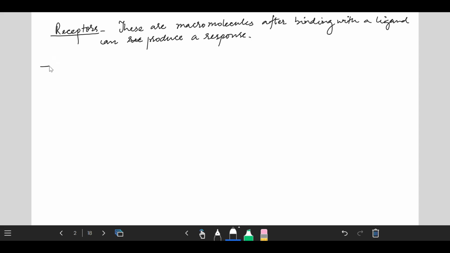Actually, pharmacologically, 4 types of receptors are present. Okay, so receptors are of 4 types. First one is nuclear receptor.